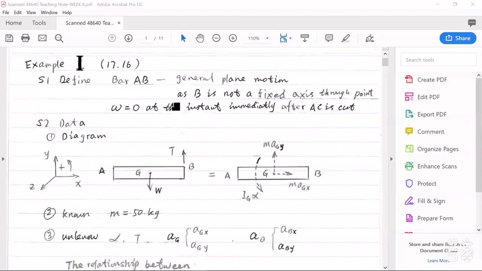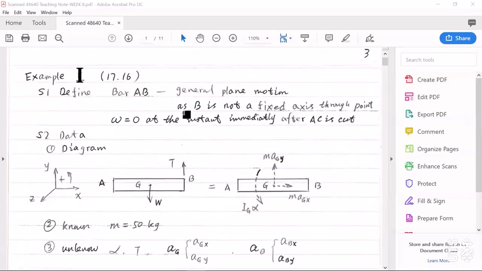Okay, let's see how to solve this problem. Firstly, we need to define this problem, and we should know this bar AB will be undergoing general plane motion after the cord AC is cut.